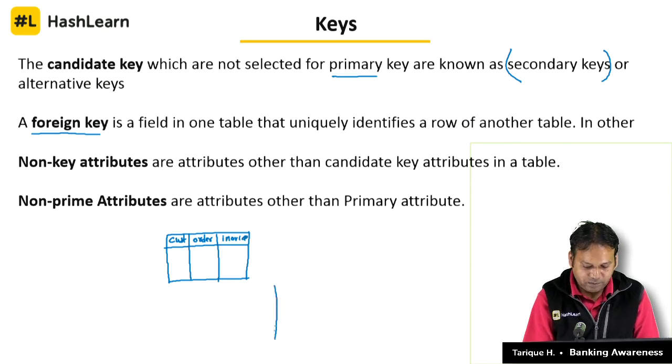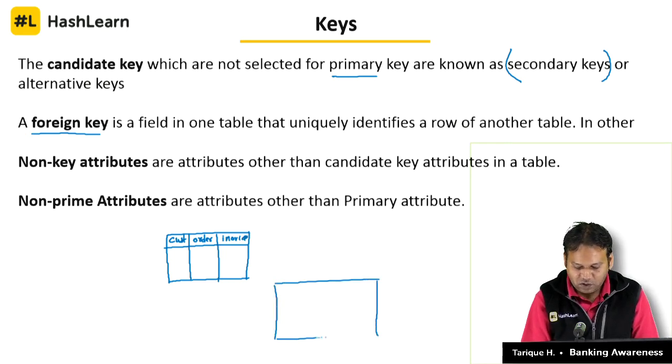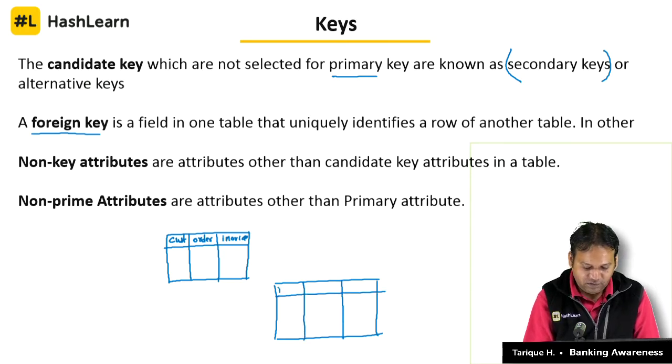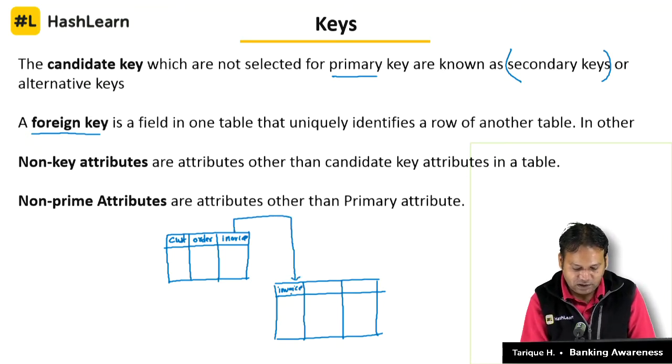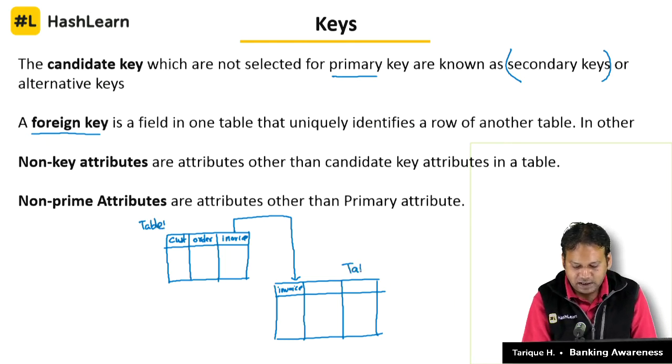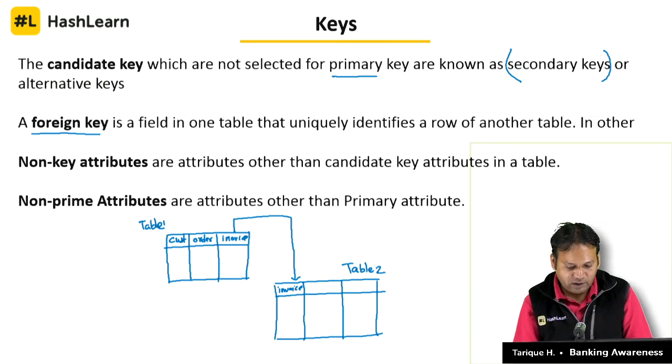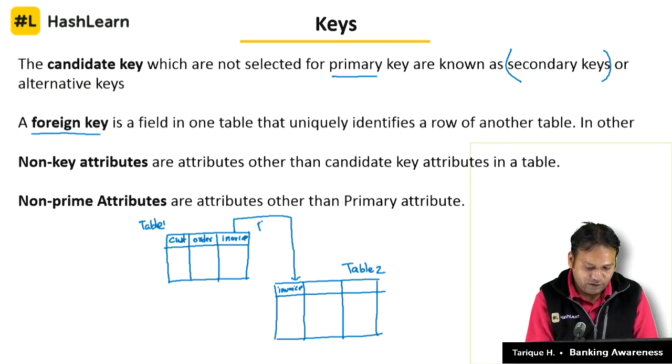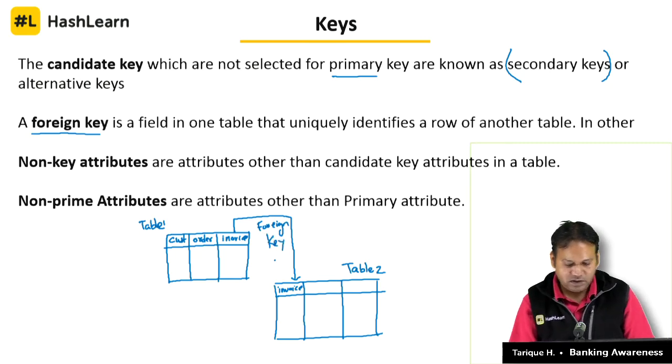And there is another record in which the company maintains all the invoices and how much money has come, and in this we have an invoice number, and this invoice number is acting as the primary key of this table. So this is table 1 and this is table 2. So the key in one table is acting as the primary key of another table, then this will be called a foreign key. What is it? A foreign key. I think that's a very easy concept to understand.